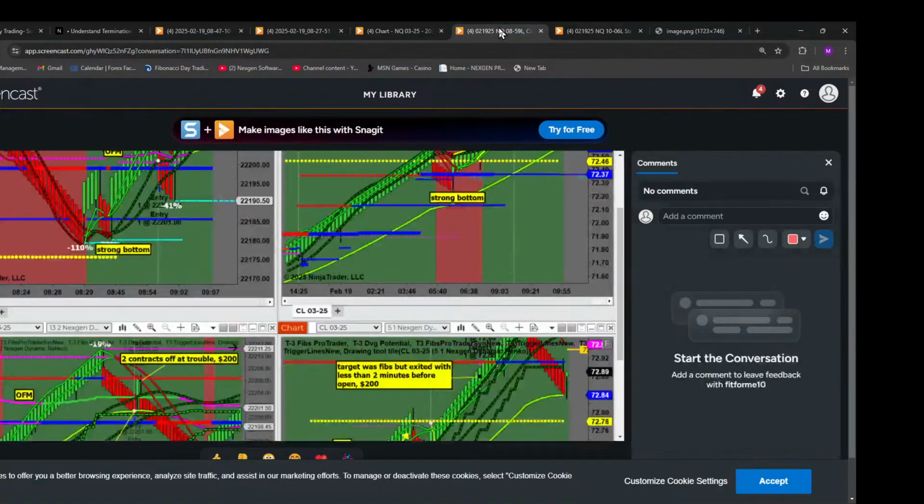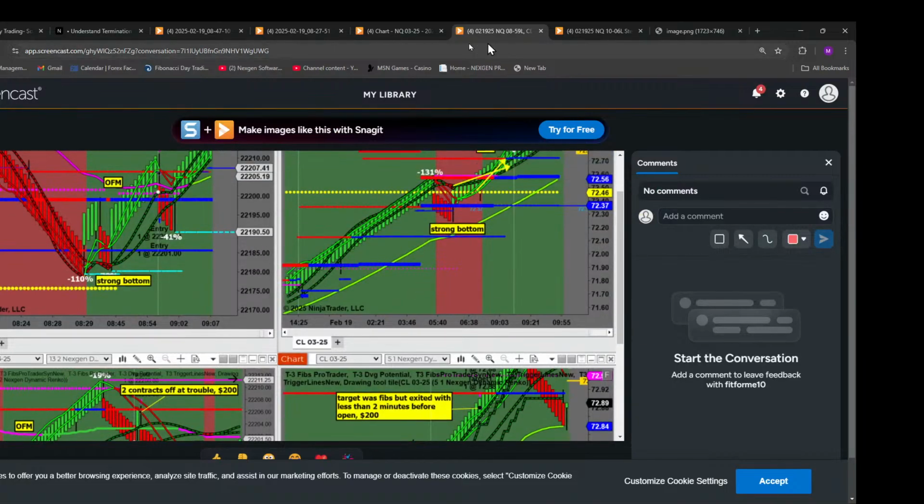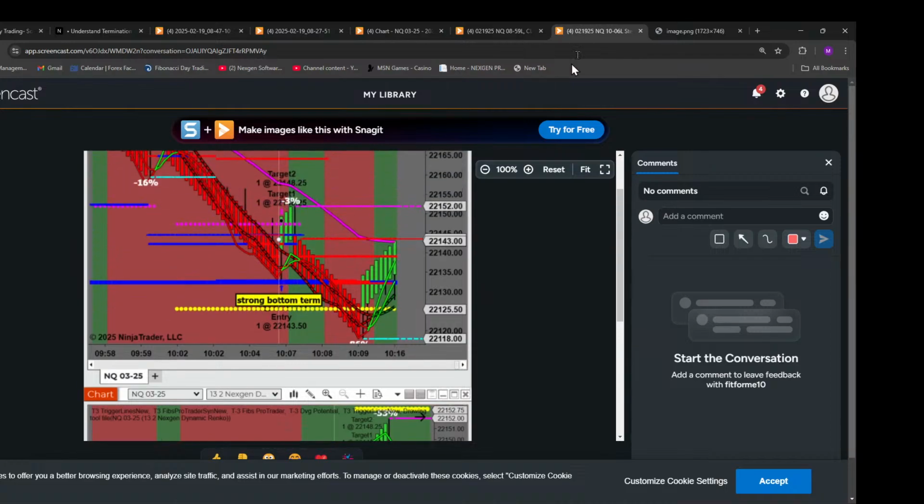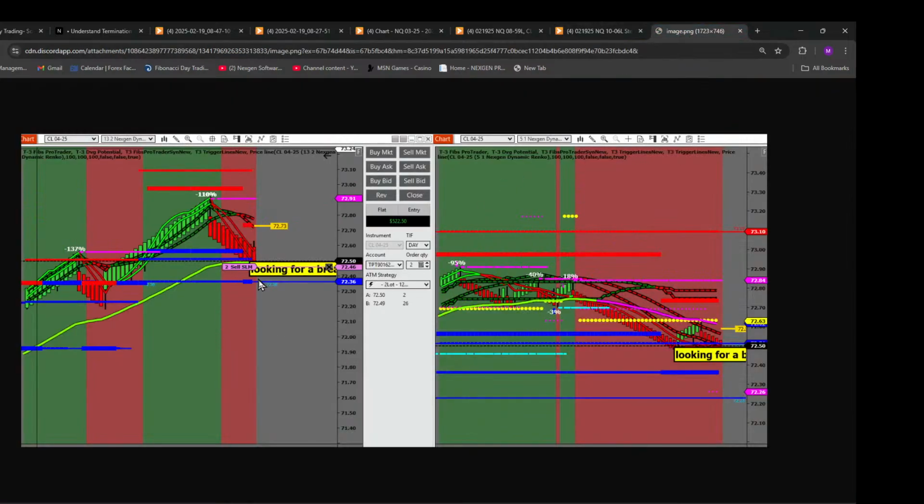So, Prince, you're asking, is the next fib a termination as well? Where did your picture go? Is that what you're asking? Is the next one a termination as well? It is. The size of the line doesn't matter.